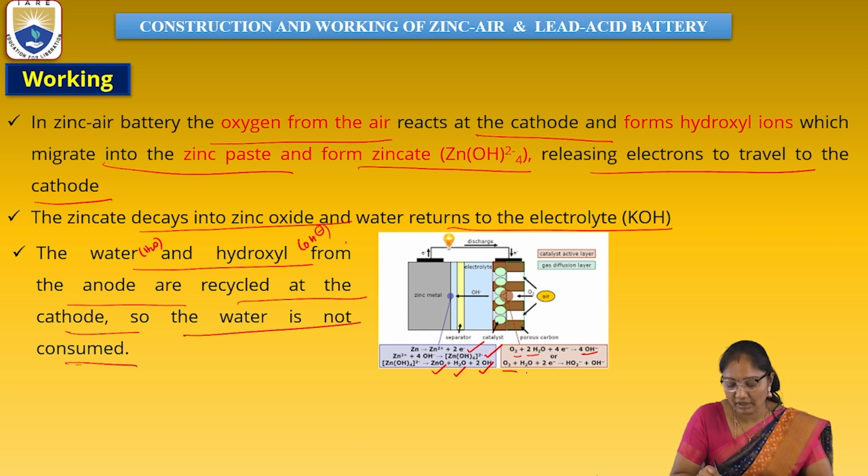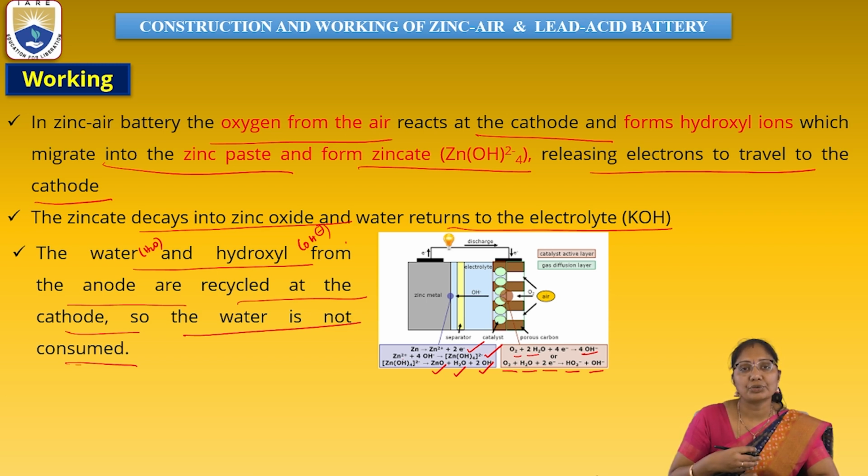Here the oxygen plus water plus 2 electrons gives rise to OH minus ions. So this is the reaction going to happen, where the oxygen reacts with the water molecules and results in the formation of OH minus ions. Thus formed OH minus ions are going to react with the zinc metal, which is the metal used in these zinc air batteries.